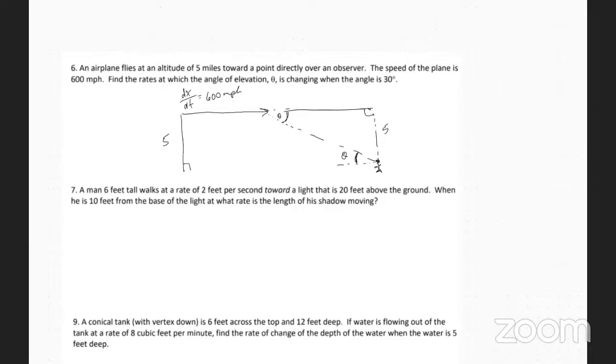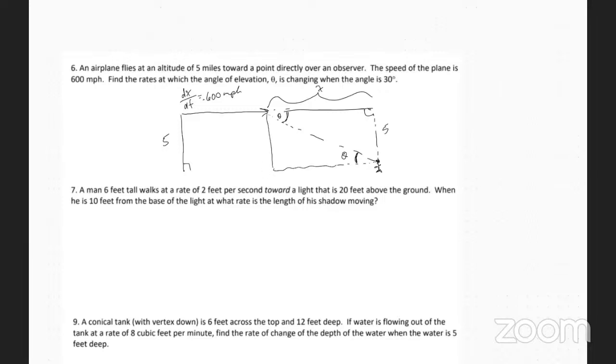Because we'll call this x right here. You could have drawn the picture the other way if you wanted to, but now that I've got it drawn, let's just keep it like that. It's still getting smaller, right?